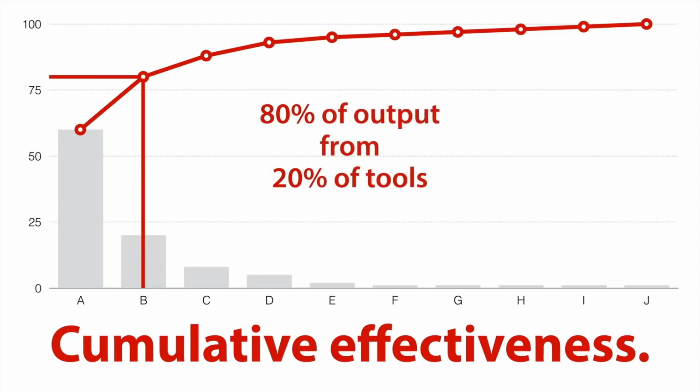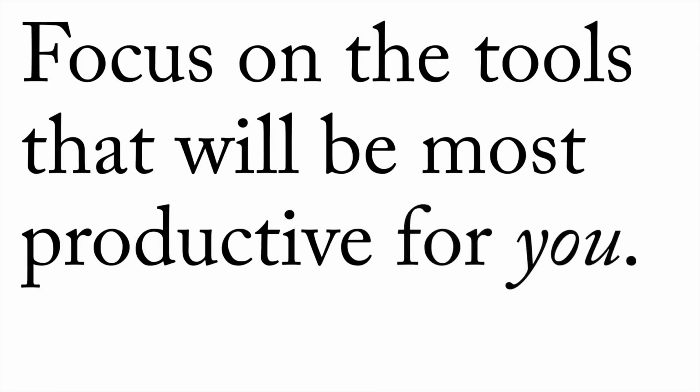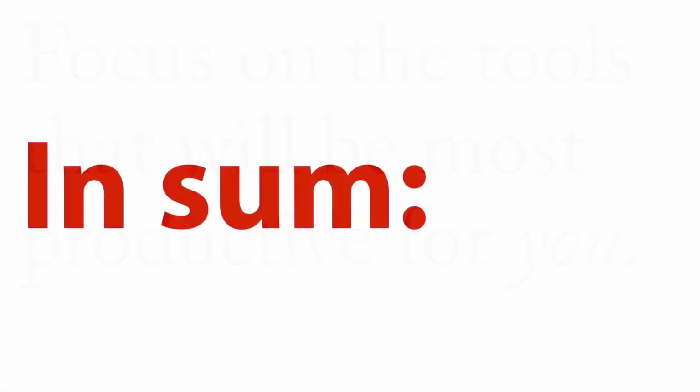That's a fictional example of the Pareto principle, but I find in real life it tends to work something approximately like that. And so you don't necessarily have to learn everything, and you don't have to learn how to do everything in everything. Instead, you want to focus on the tools that will be most productive, and specifically most productive for you. So in sum, let's say these three things.